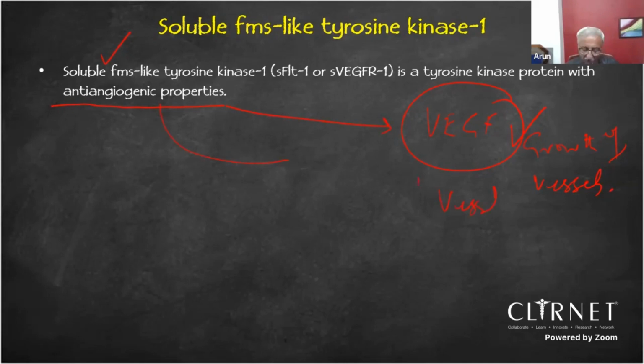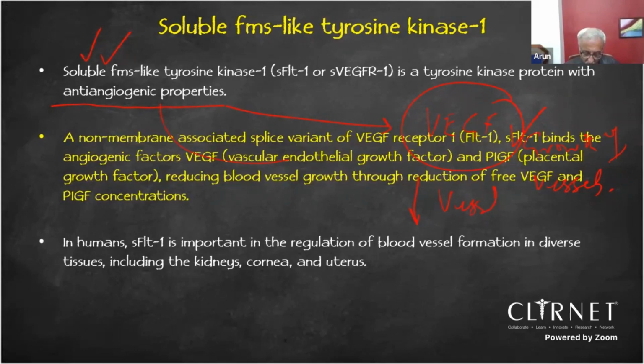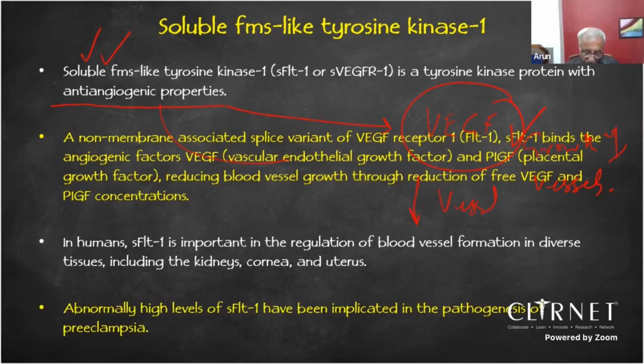Vessels do not grow much. So in preeclampsia, this is increased. So abnormally high levels of this have been implicated in the pathogenesis of preeclampsia. Now, why and how all these things happen, we'll come to that later.